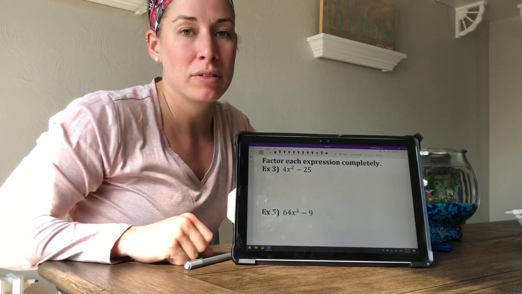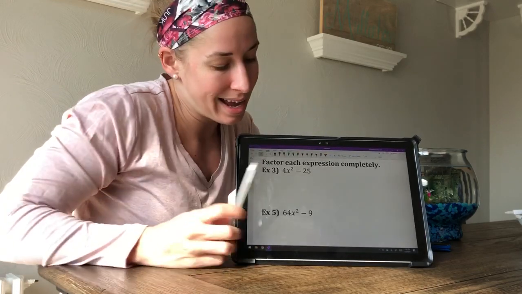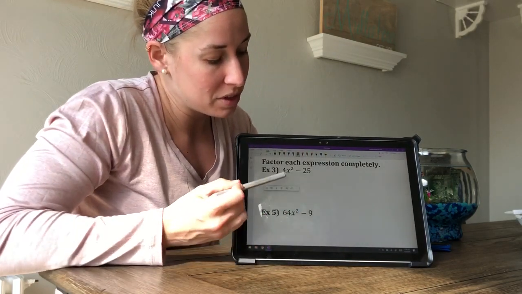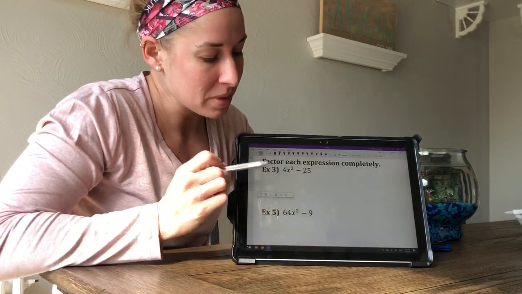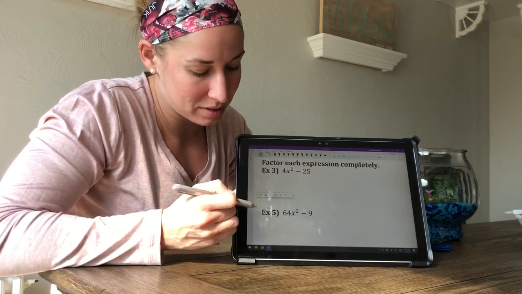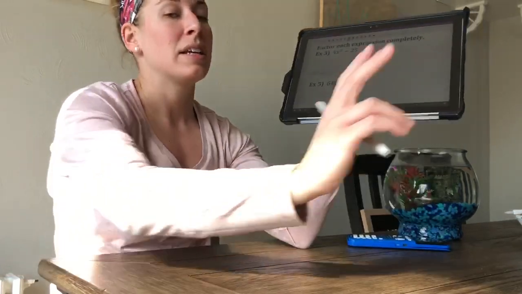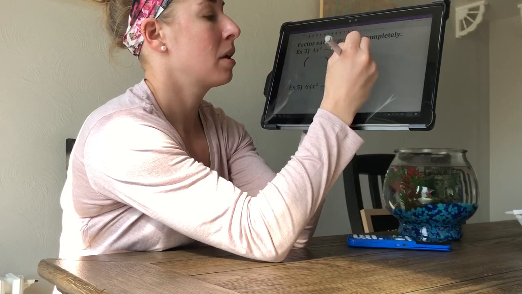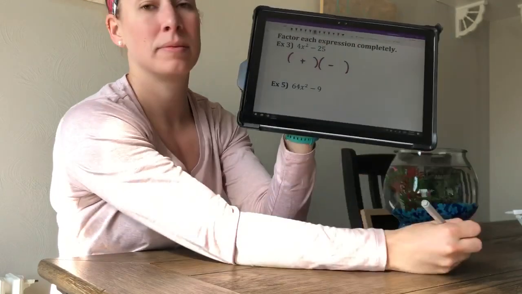Well, first of all, there are only 2 terms, and it's the difference of 2 perfect squares. So both of these terms are perfect squares. The difference of 2 perfect squares gives you 2 bubbles. 1 plus bubble, 1 minus bubble.